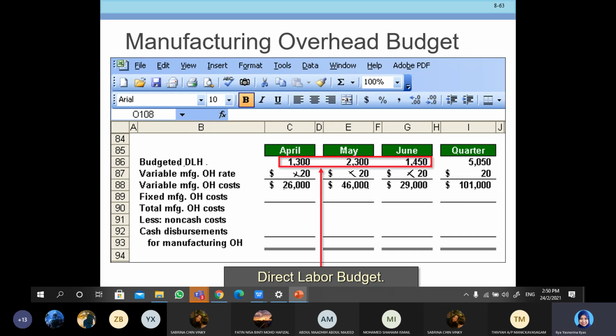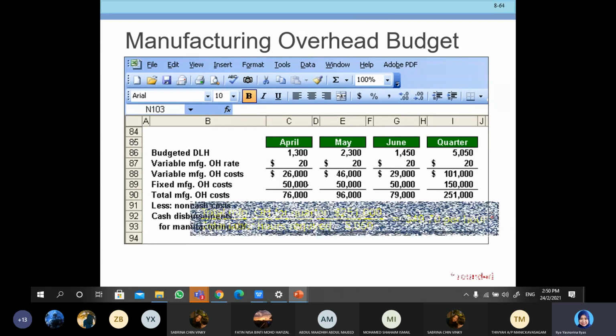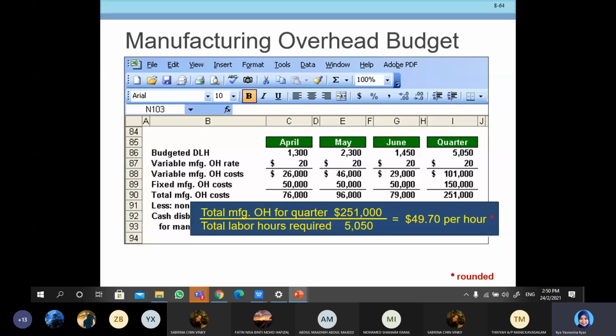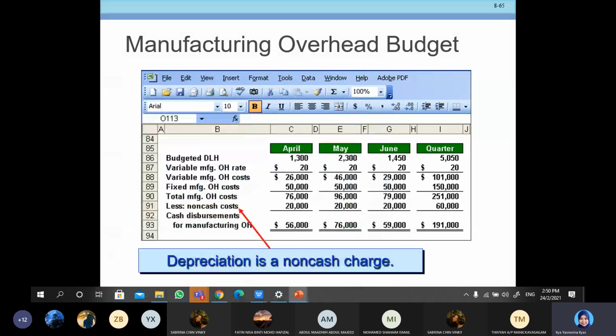Then we add the fixed manufacturing overhead cost, 50,000 here. With this 50,000 we get total manufacturing overhead cost of 76,000, but we need to less depreciation because it's non-cash. So this is the cash disbursement on the manufacturing overhead. All of these we have to transfer to the cash budget.